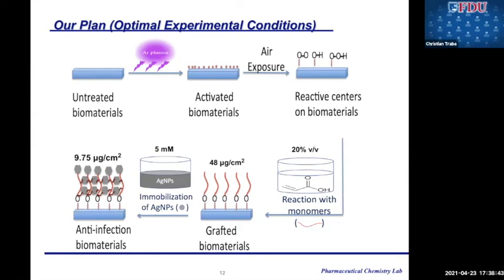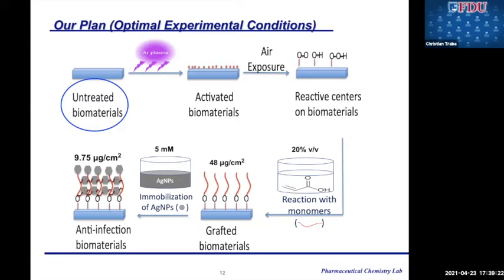This figure illustrates the schematic diagram of the anti-infection fabrication process. In our research, an inert argon plasma is used and is gentle and does not alter the chemical composition of our biomaterial. In the first step of the modification process, the gentle argon plasma is applied directly to the substrate of our biomaterial. These biomaterials can be polyethylene terephthalate, or PET, or even silicon wafers.